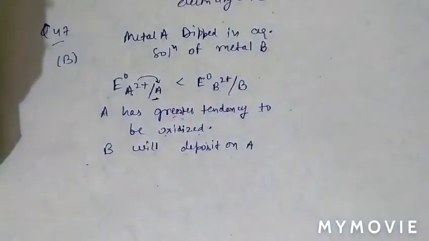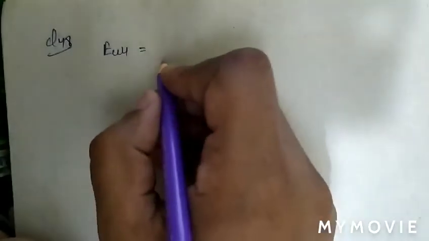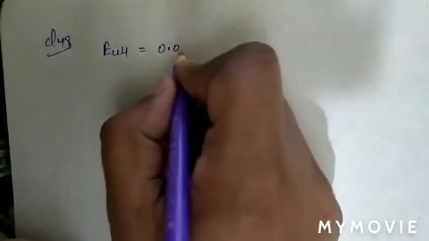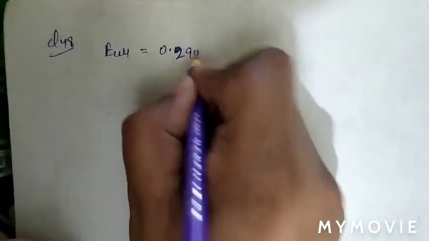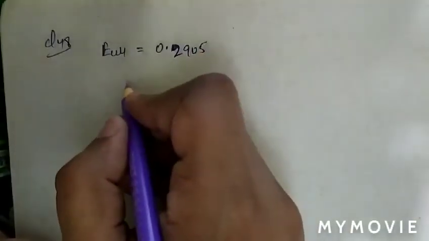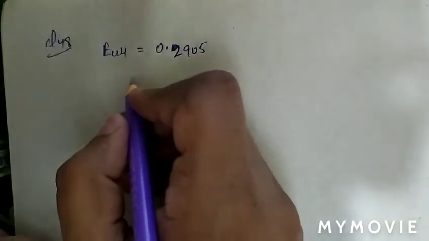See question number 48. In question number 48, what is given there? The value of E cell is given, and the value of E cell is equal to 0.2905.